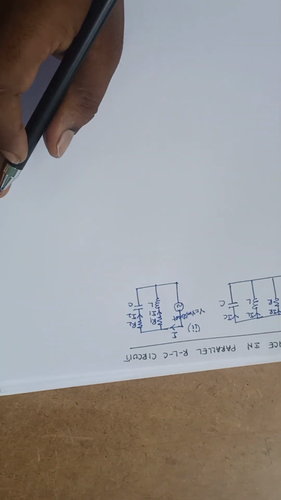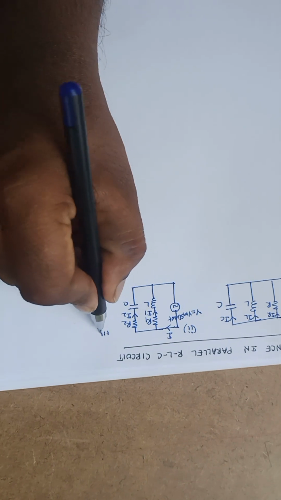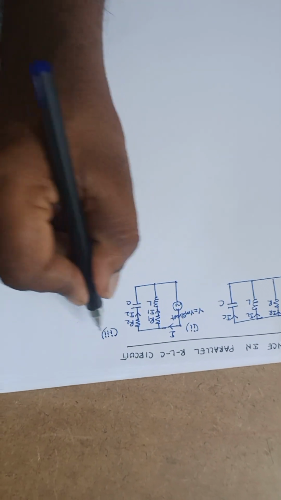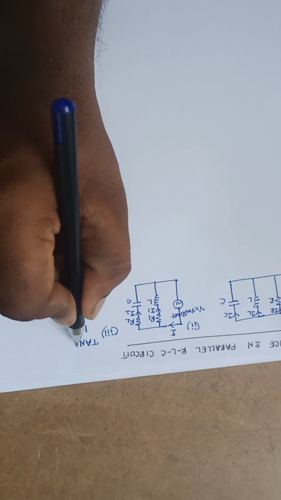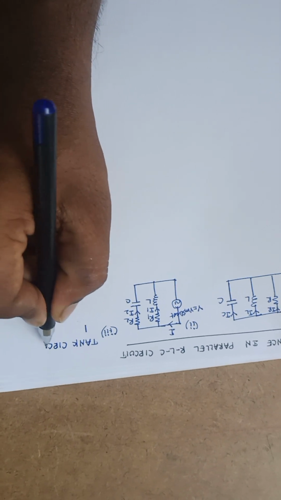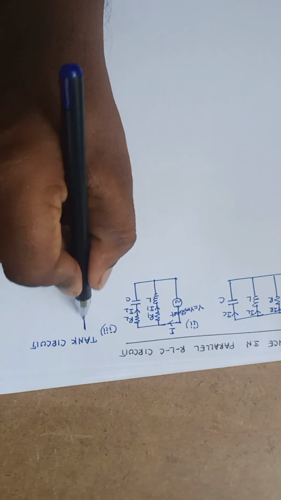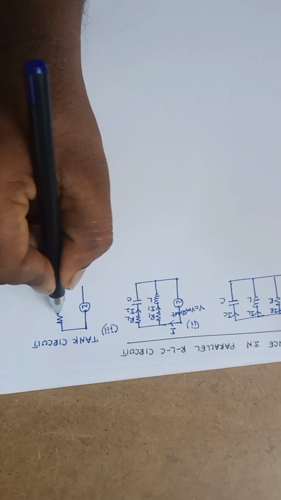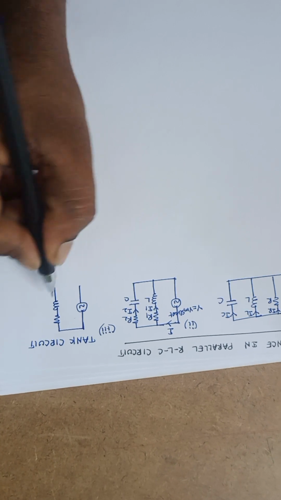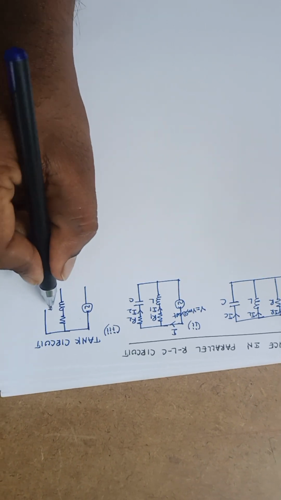Another circuit here is another type of parallel circuit, we can call it a tank circuit. In this tank circuit, the supply is given to the combination of resistance and inductance in parallel with the capacitance.